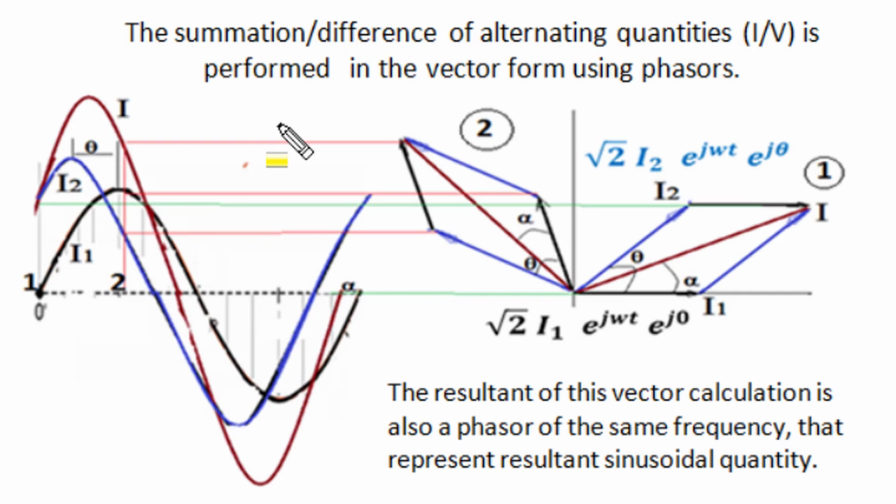For the calculation of summation or difference of alternating quantities, they may be currents or voltages, but all those alternating quantities should have the same frequency.